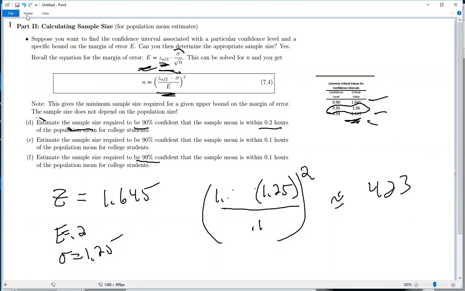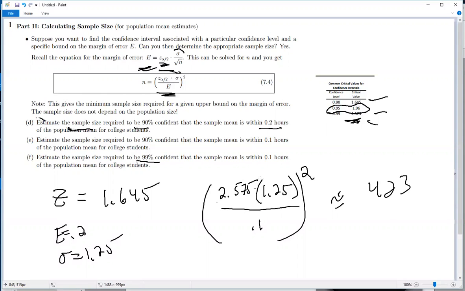So I guess I should have erased that whole thing here. And they didn't change the margin of error on us, so we can leave that. So this becomes 2.575. We have to go out further in order to be more confident, right? Wider interval.